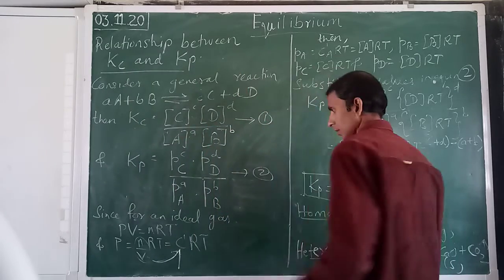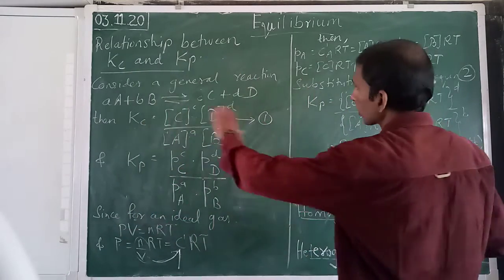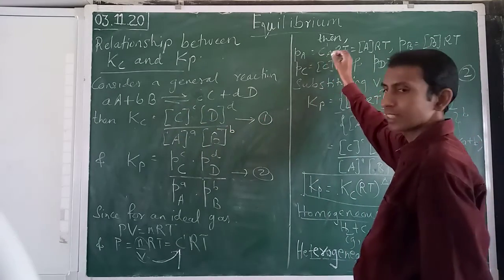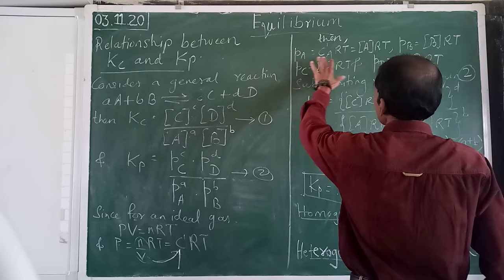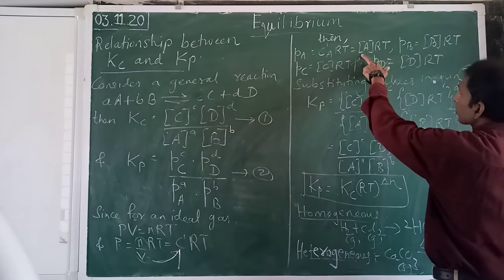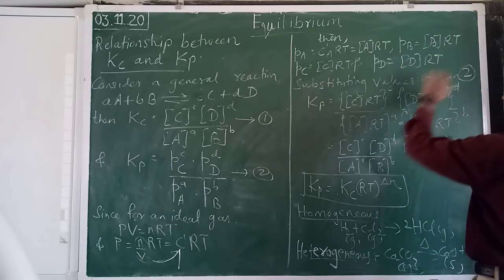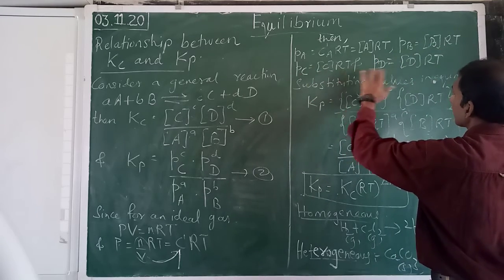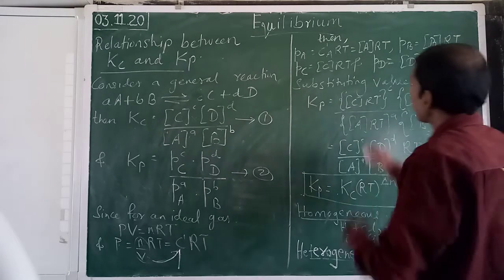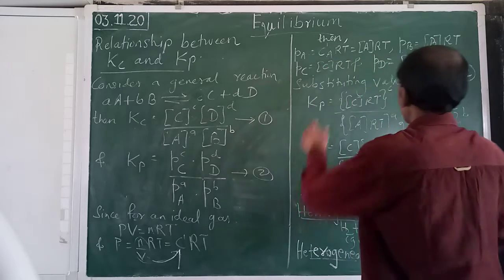If we apply this equation for all the reactants and products, we can write PA is equal to C dash A RT, that is, the molar concentration of A into RT. PB we can write as [B]RT, PC as [C]RT, and PD as [D]RT. Now we have got the values for PA, PB, PC and PD.